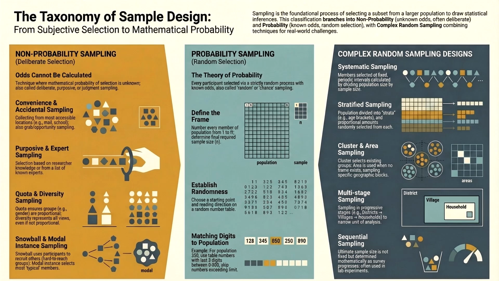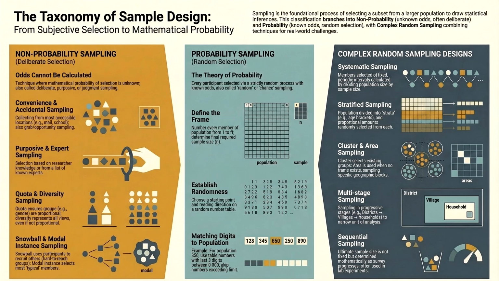This is a technique where the mathematical probability of selection is unknown, and therefore it is also called purposive, deliberate, or judgmental sampling, right? You cannot predict that, okay, out of 8,000 students, every student has a 2% chance of getting selected into the sample. This kind of statement cannot be made when you talk about non-probabilistic sampling, because you cannot calculate the mathematical probability.